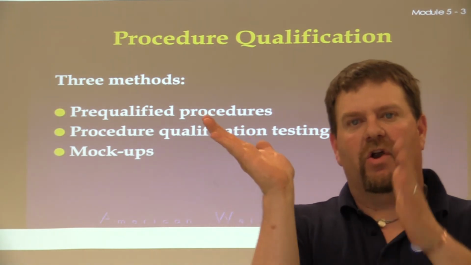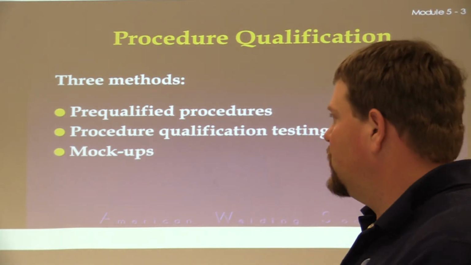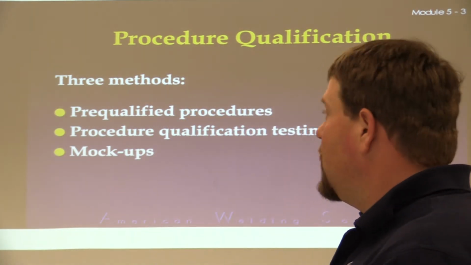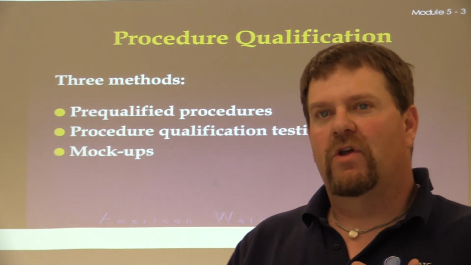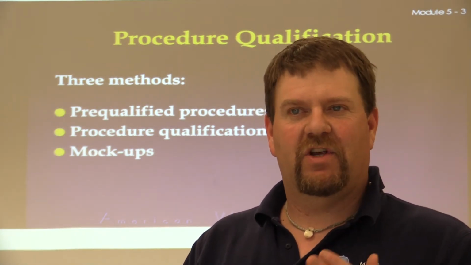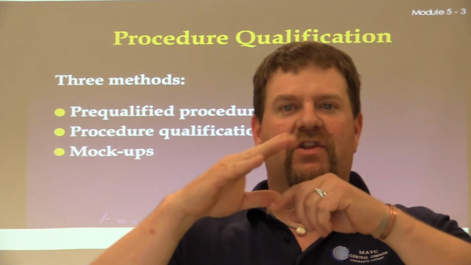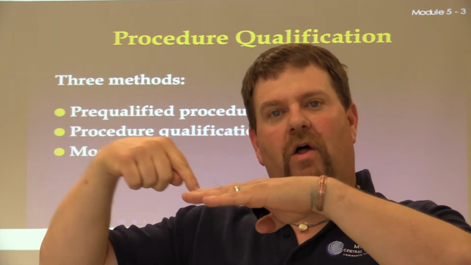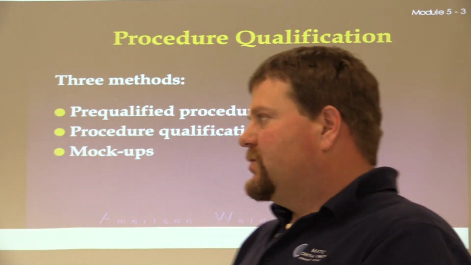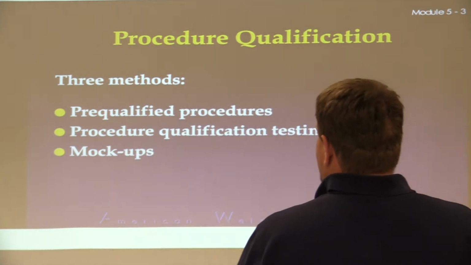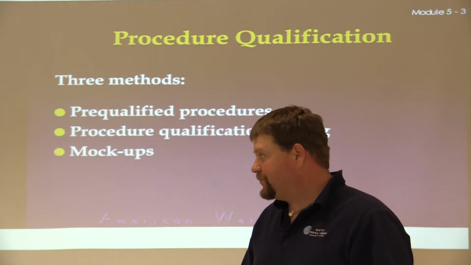And then your K is a 30 and a 30. There are a few pre-qualifieds there, but in order to test to those, you would need to weld not just in a 6G position, but a 6GR with a restriction ring, because there are crevices that are hard to get into to weld all the way along that, right? So those are usually the ones that we use for that, unless code specifies different.